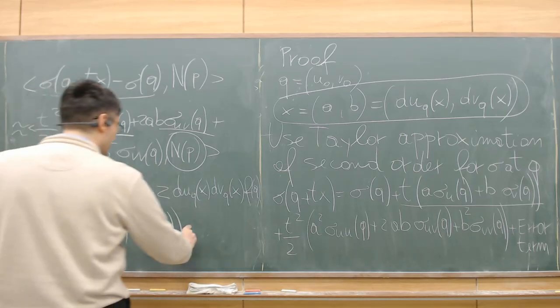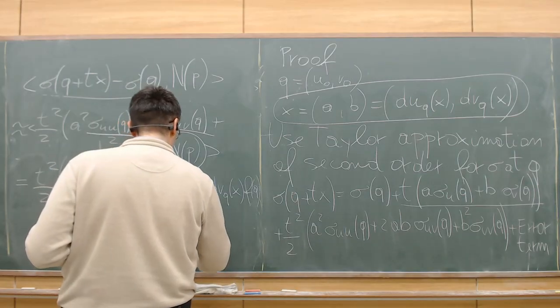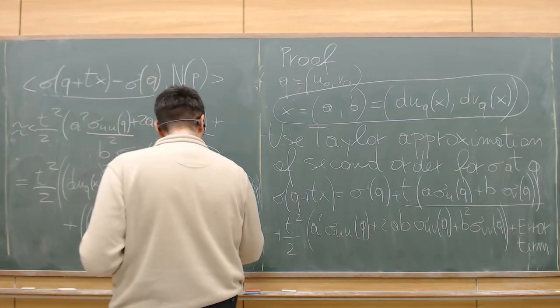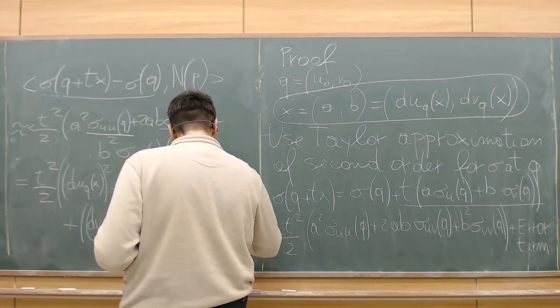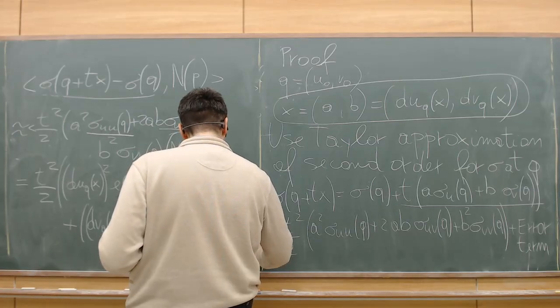But this is nothing but t squared over 2 times the second fundamental form at Q evaluated at x.